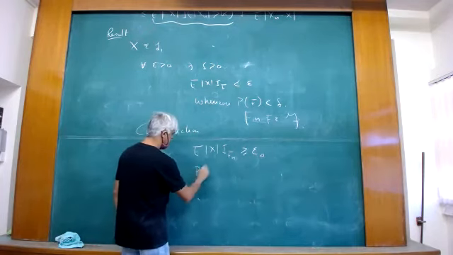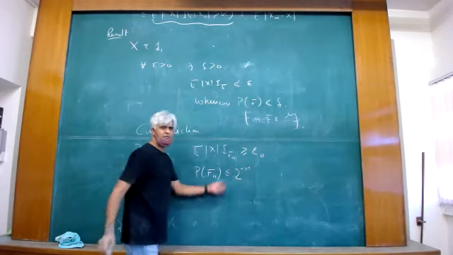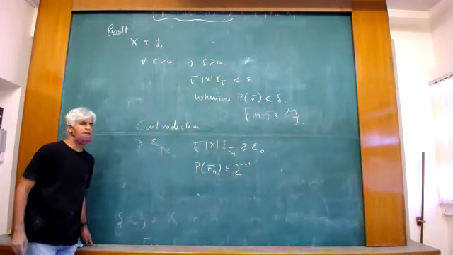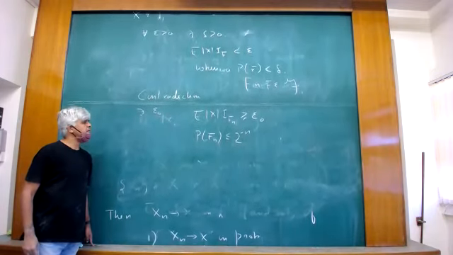And I can take P of Fn to be less than or equal to 2 to the power minus n. It's up to me, I can just take it so. But then the sum of 2 to the power minus n is finite, so that's what I do.